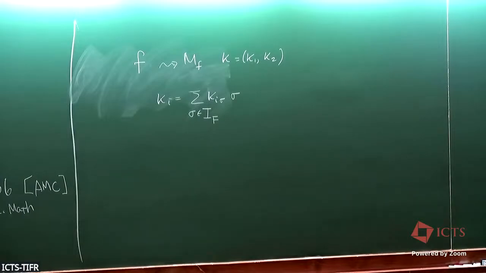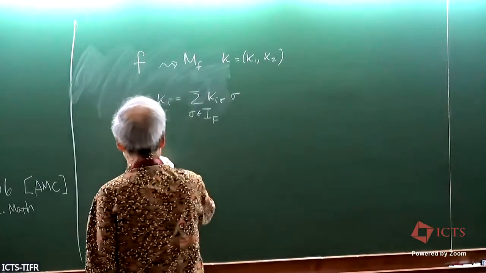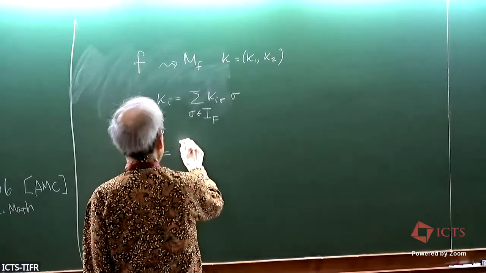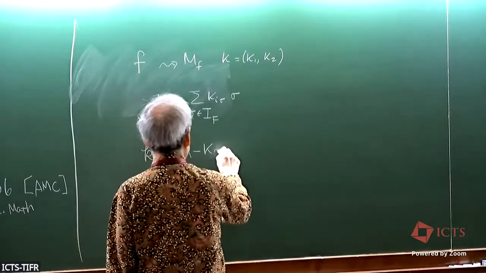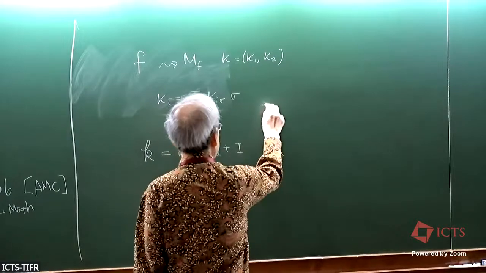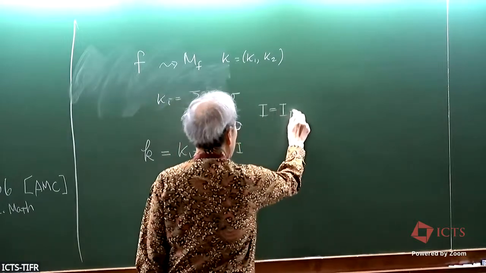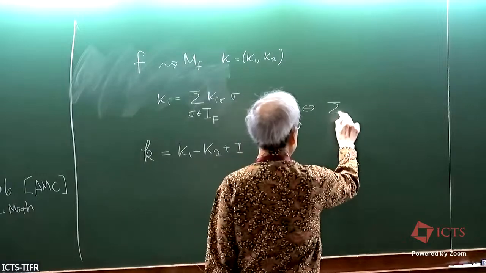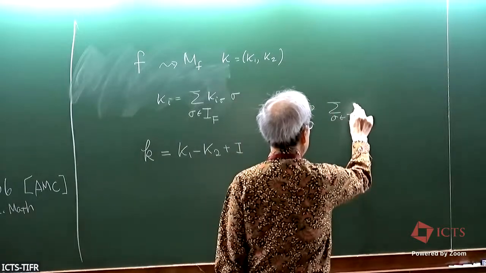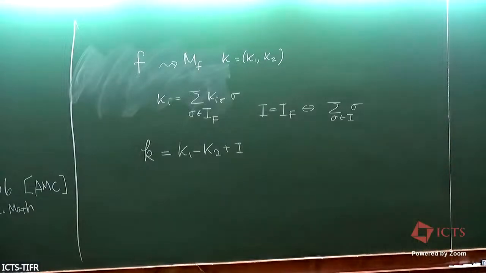Okay, so in this setting, Jack used the classical sort of weight. That is, in my correspondence, the weight k for Jack is kappa 1 minus kappa 2 plus I. I just write I for the parallel weight 1, and sometimes this is identified with sigma in I of sigma, all components parallel weight 1.